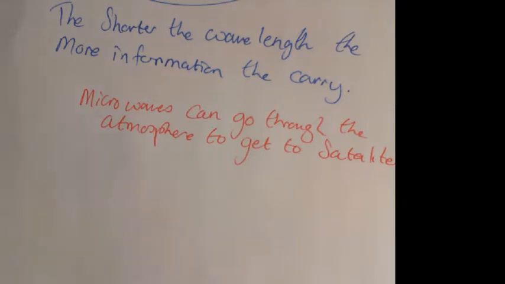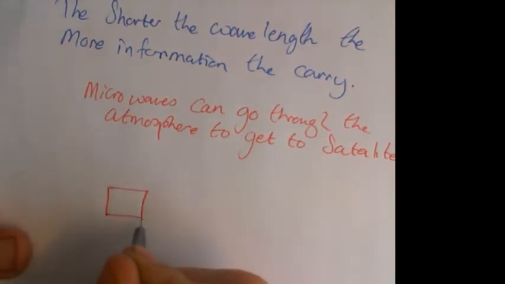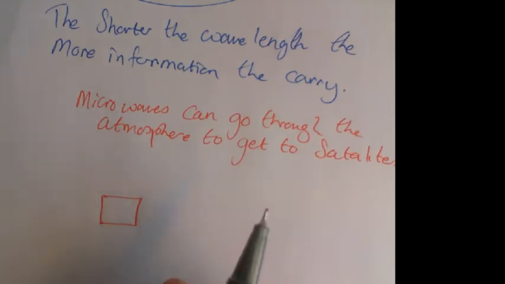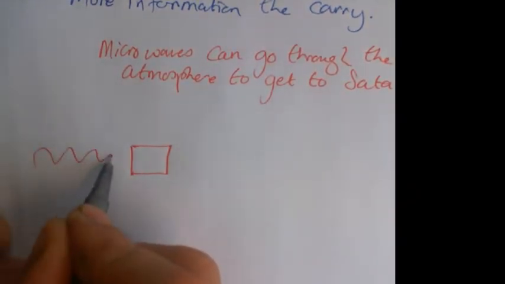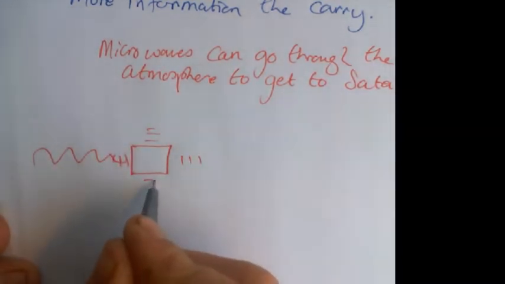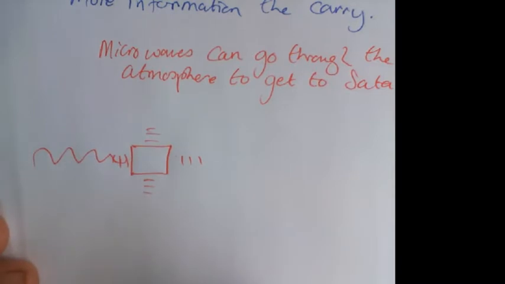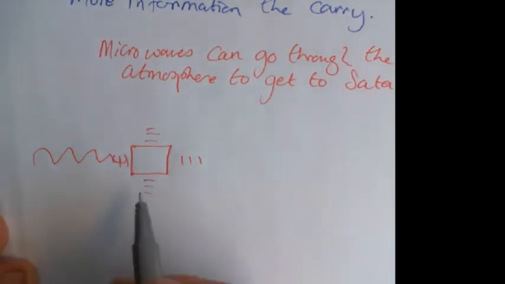The other thing you need to know about is how these signals are turned into electric signals and vice versa. Well, there's something called a piezoelectric crystal. You don't need to know about this, but it's just interesting. So this is a piezoelectric crystal. If you talk to it, it will vibrate. Now, the really cool thing about a piezoelectric crystal is that when it vibrates, it generates an electric signal.